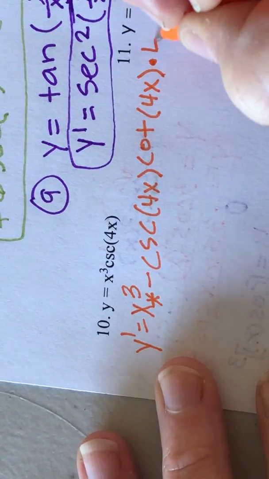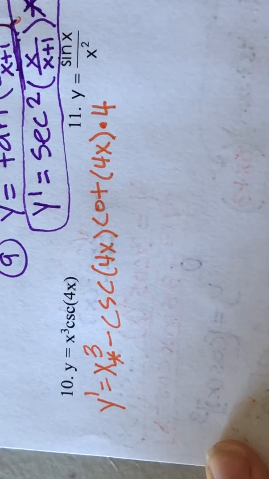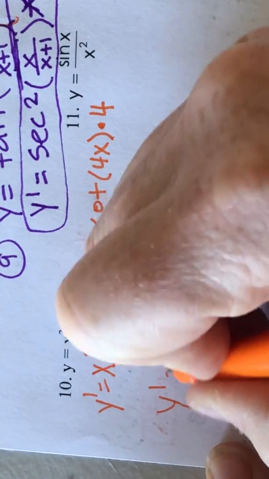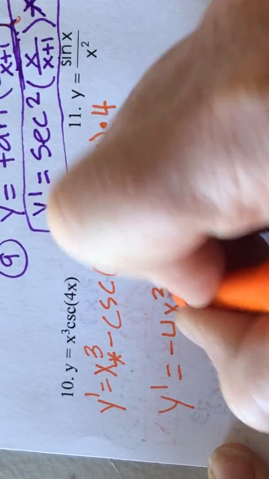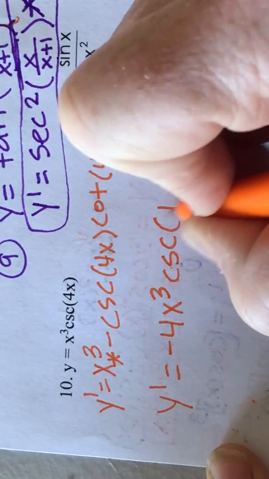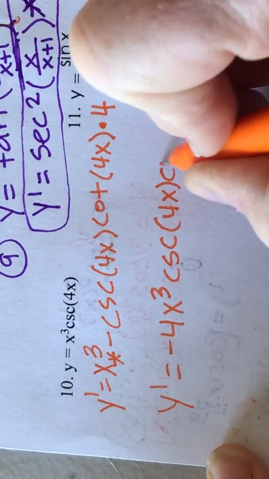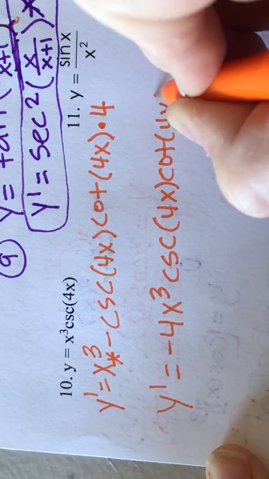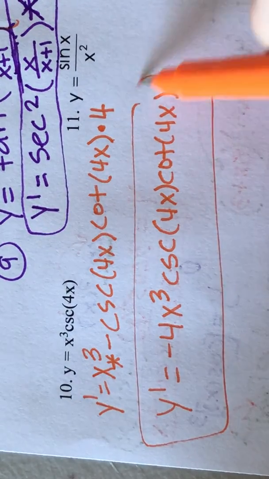Then times chain rule 4, the derivative of the inside. So this ends up being negative 4x to the third, cosecant 4x, cotangent 4x. Okay, that's 10.